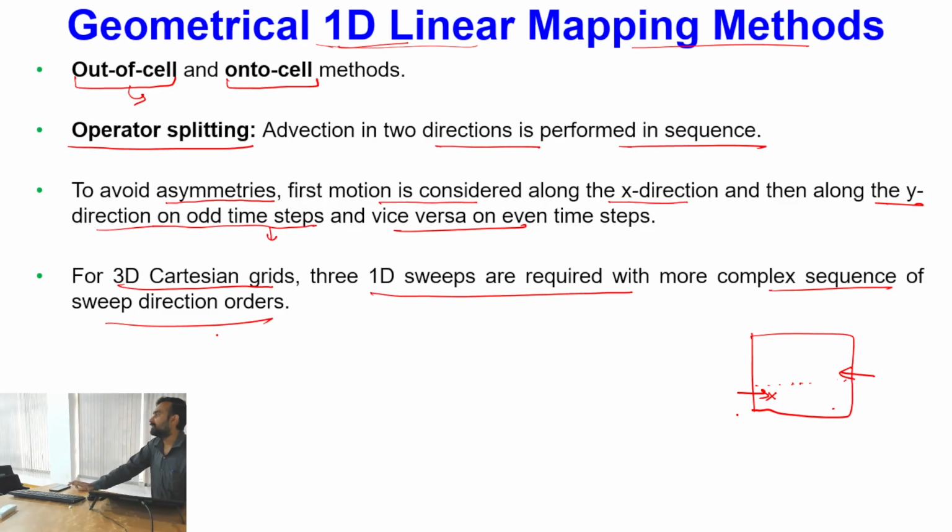Typically the judgment of which sweep direction to choose is based on experience, on which one is serving well in terms of mass and volume conservation and in terms of defining the proper interfaces. That is required in order to decide which sweep direction we have to choose.